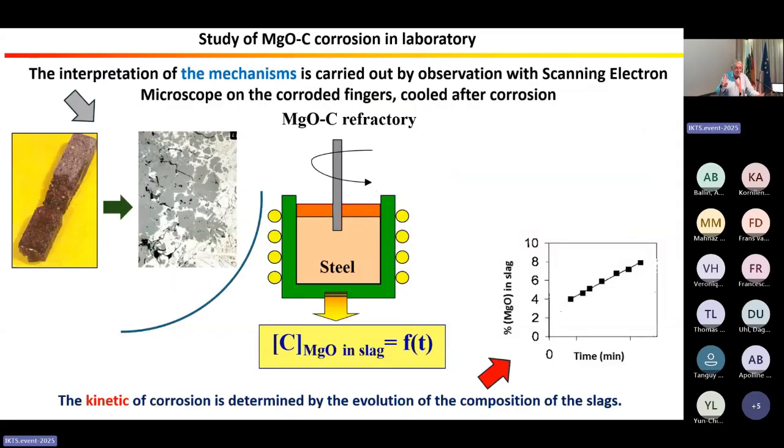We obtain two very important pieces of information. The interpretation of the mechanism is carried out by observation with scanning electron microscope on the corroded fingers cooled after corrosion. And the kinetics of corrosion is determined by the evolution of the composition of the slag. We have just here an example: the evolution of the composition of magnesia in slag versus time, and we have a linear evolution.